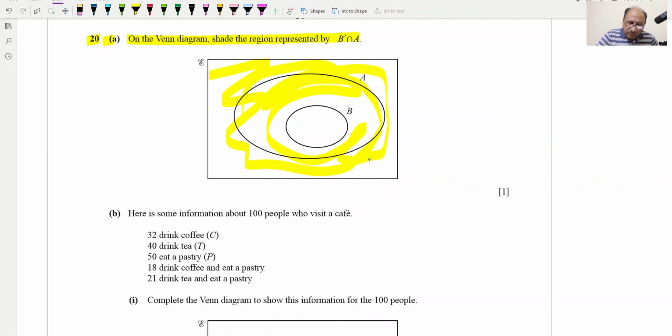So the outer region we will be excluding, and we will be shading only this part. So we will not be taking B and we will be shading this region.